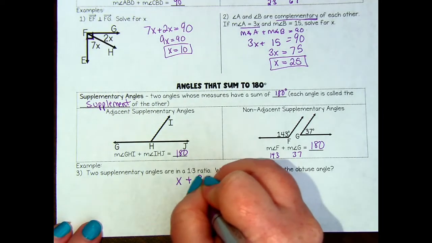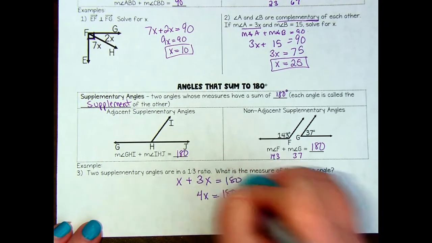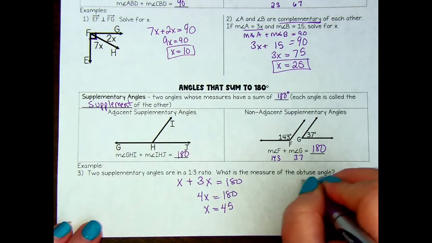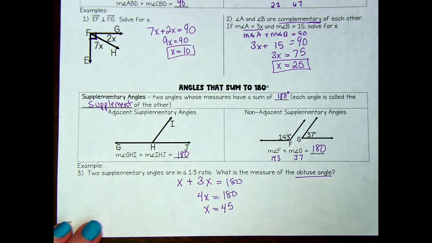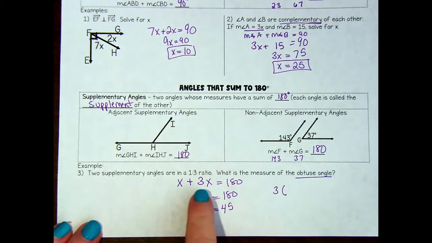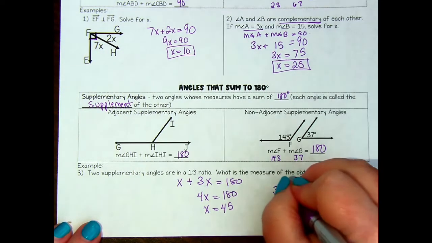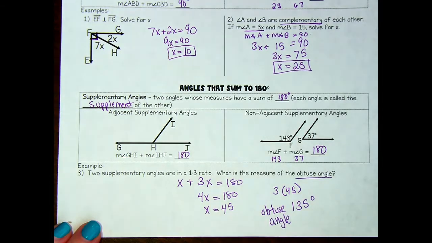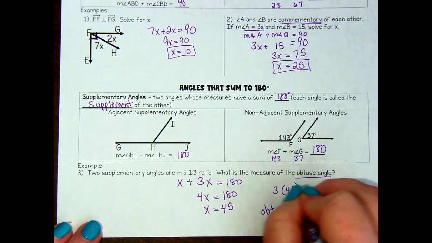So 4x equals 180, x is equal to 45, but it wants to know the measure of the obtuse angle. So the 3x is going to be obtuse because 3 is bigger than 1. And 3 times 45 means that the obtuse angle is equal to 135 degrees.